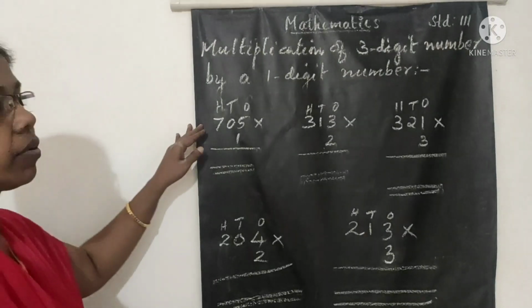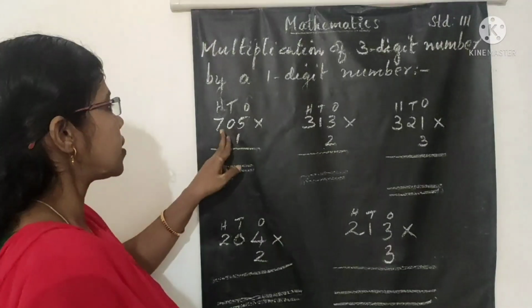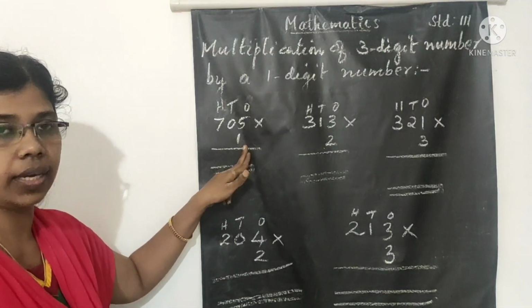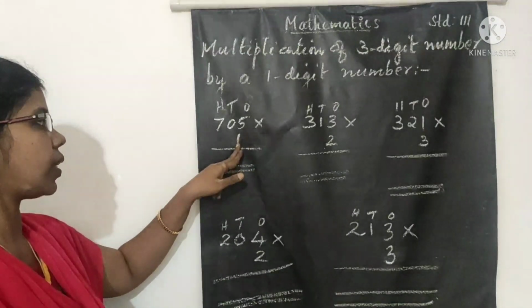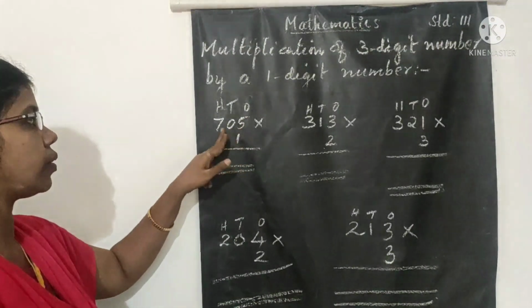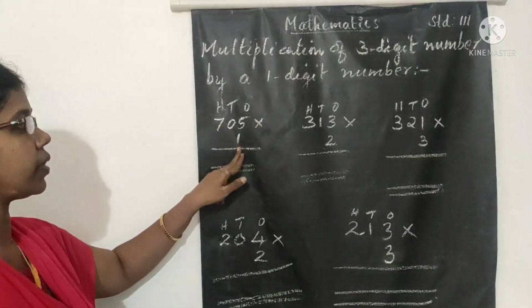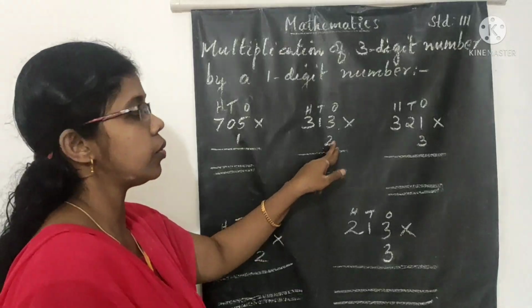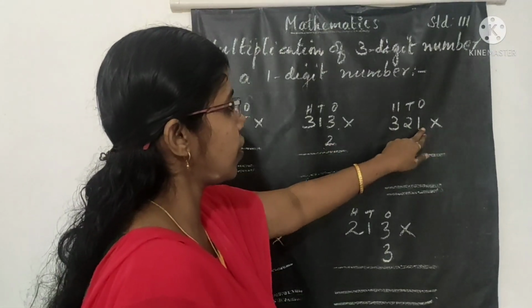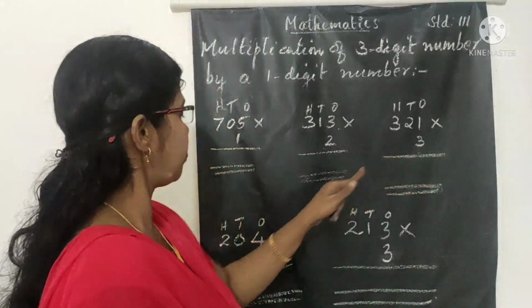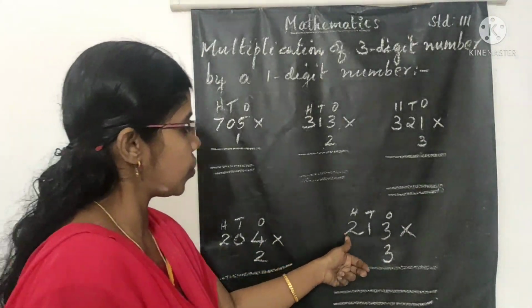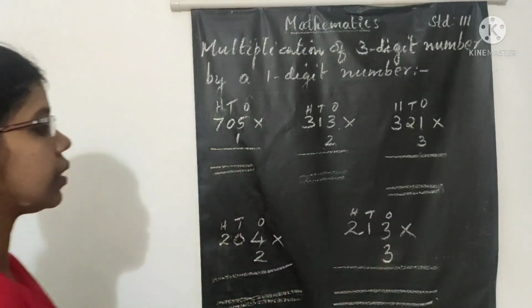Yes. Now I write some homework questions also. 705 into 1. A number into 1: 1 into 5, 1 into 0, 1 into 7. Multiply with 1. 313 multiplied with 2. 321 multiplied with 3. 204 multiplied with 2. 213 multiplied with 3.